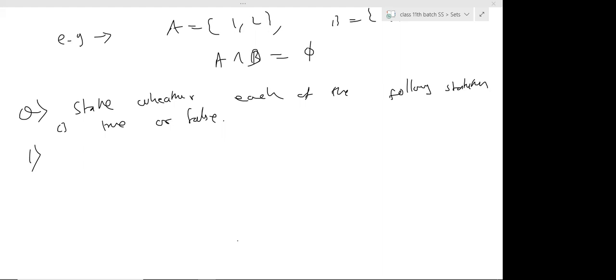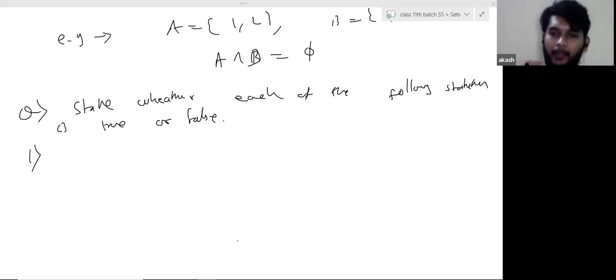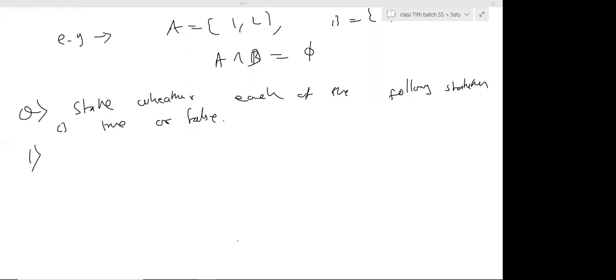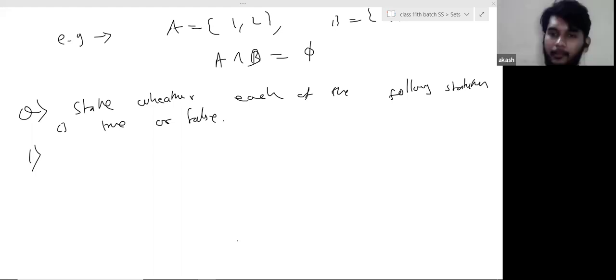Now, whenever I tell you about prime numbers, what do you think about? You think about a number that is not divisible by any other number, only by one or itself, right? Is this not a set? We don't write it in this format, but this is a set.